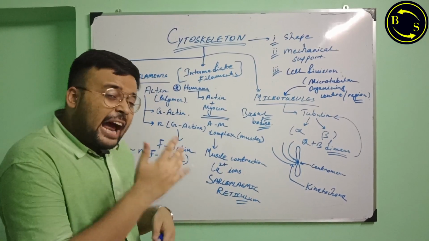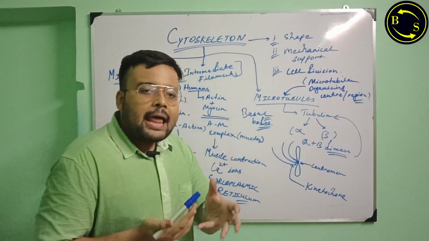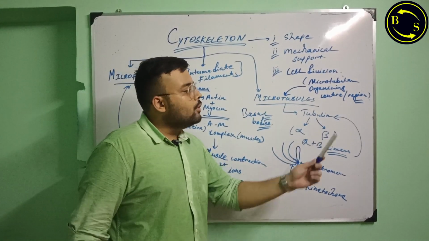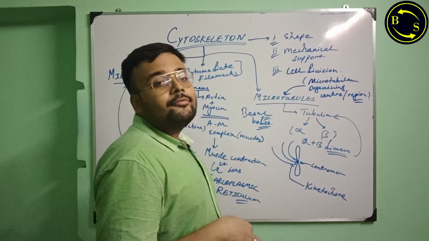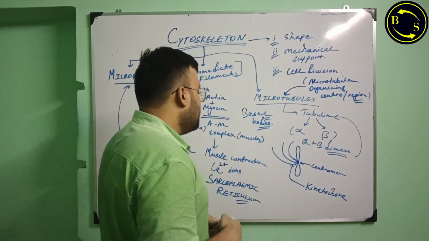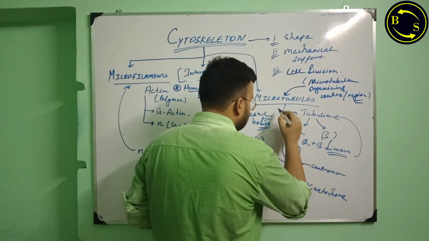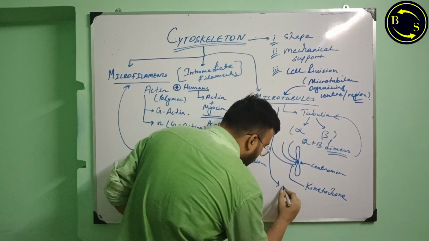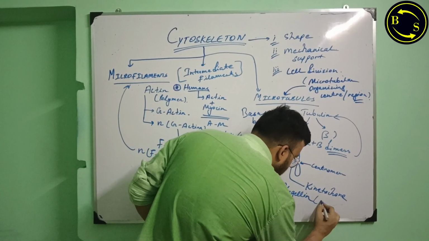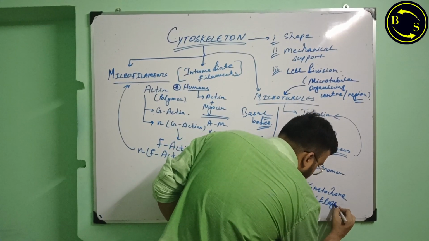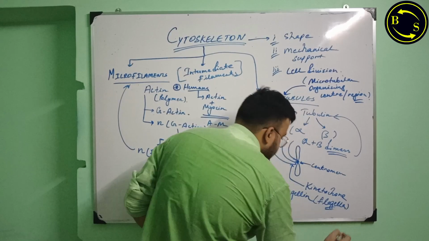However, in that case, when a cell has a flagella, the tubulin protein is not there. Instead, another protein called flagellin is found in case of flagella or flagellate animals.